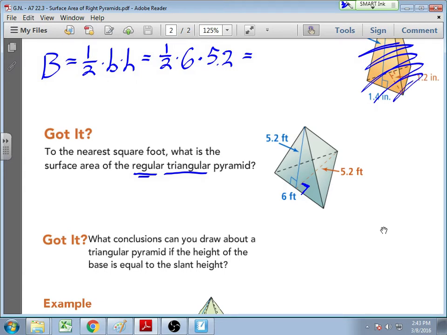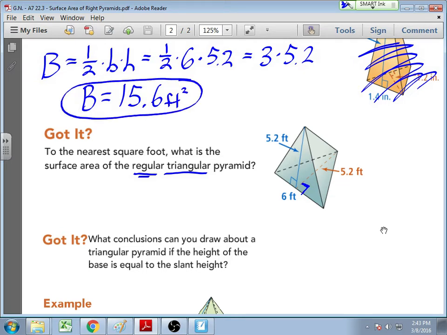I'm going to cross this out since I'm not worried about that right now. Half of 6 will give me 3 times the 5.2. And then I see from that multiplication, I get 15.6 when I break it up and do 3 times 5 and 3 times 0.2. And that will, of course, be your feet squared. That's my big B. Going to need that later, so we put a circle around it.